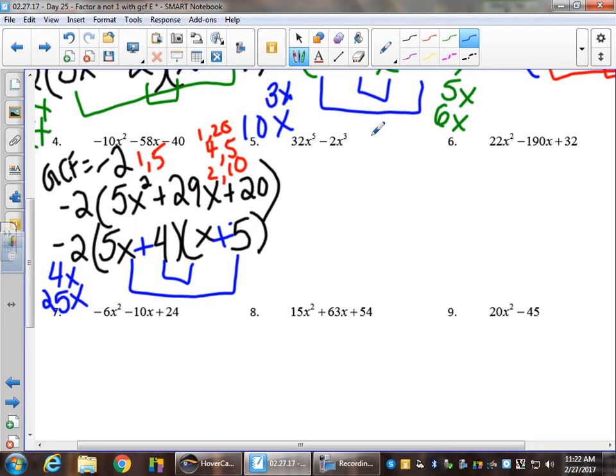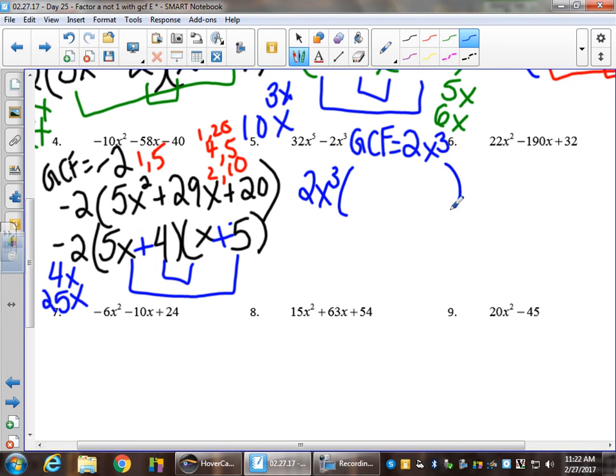Number 5 is a little different. What is number 5 called? Binomial, right. What is our GCF? 2. Can we pull out any x's? Yes, they both have x's. How many? Somebody has 5 and somebody has 3. 3.